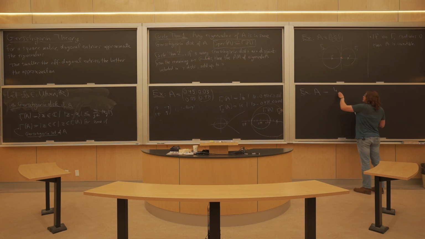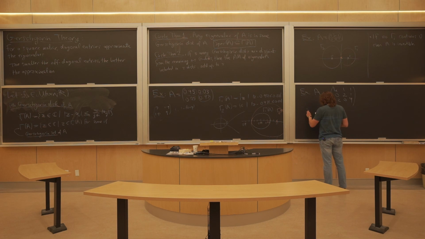It's going to be 4, 1, 1, 0, 2, 1, minus 2, 0, 9. Okay. So I've already put this into Wolfram Alpha, and I know the eigenvalues. Let me just say. So one eigenvalue is 8.485 and so on. The other one is 4.631 and so on. And the other one is 1.882 and so on.